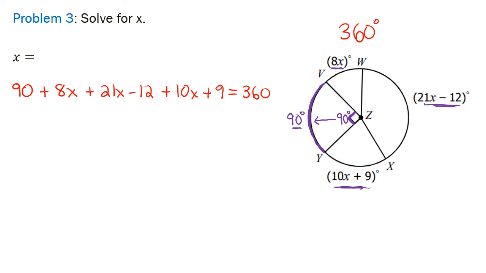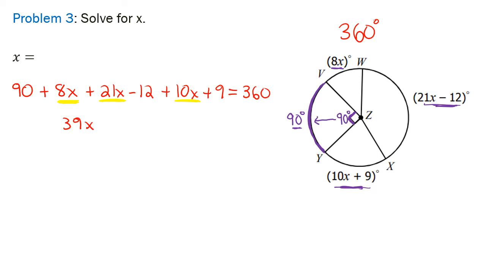We're going to make this equation a lot smaller. We're just going to combine the x's and then combine the constants. So I've got 8x, 21x, and 10x. So 21 plus 8 plus 10, we get 39x.